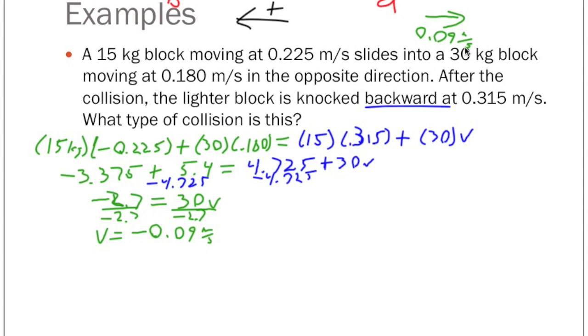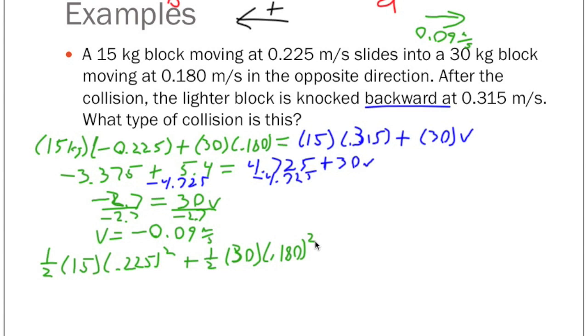To figure that out, we're going to have to put these in the kinetic energy equation. Is the total kinetic energy before the collision and after the collision equal, or are they not? Let's find the kinetic energy of our first object, the 15. 1/2 mv squared gives us kinetic energy. So 1/2 times 15 kilograms times the velocity, 0.225 squared, plus the kinetic energy of our second object, 1/2 times 30 times the velocity squared, 0.180 squared.